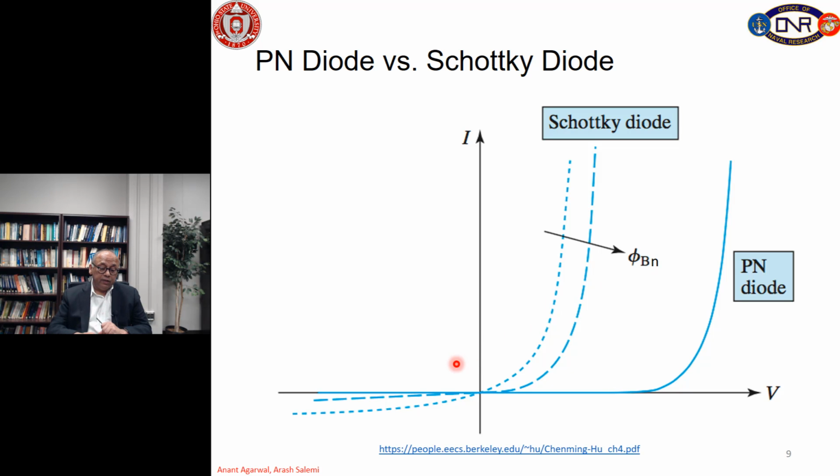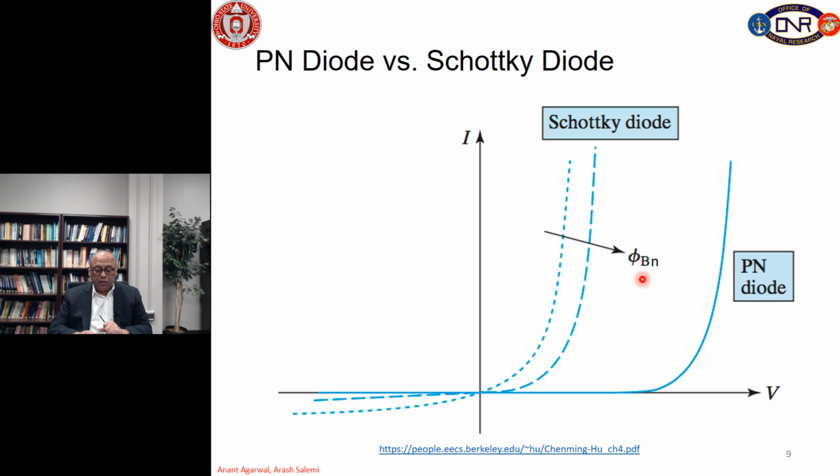Now, as you see in the reverse direction, this is I0, and you can see for PN junction, in the reverse direction, I0 is very small. As we reduce the barrier height, we get more and more reverse current flowing, because the I0 increases as we reduce the barrier height.